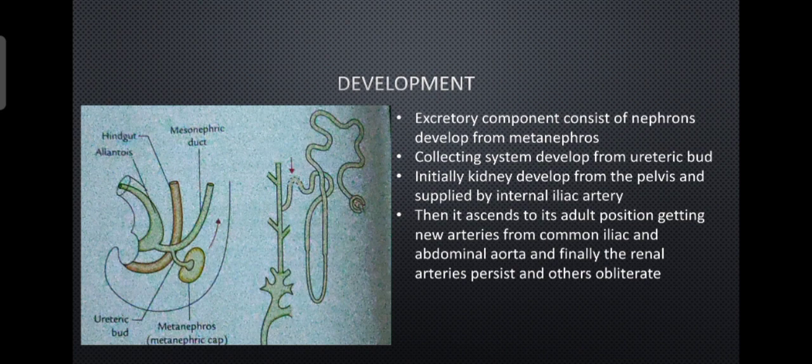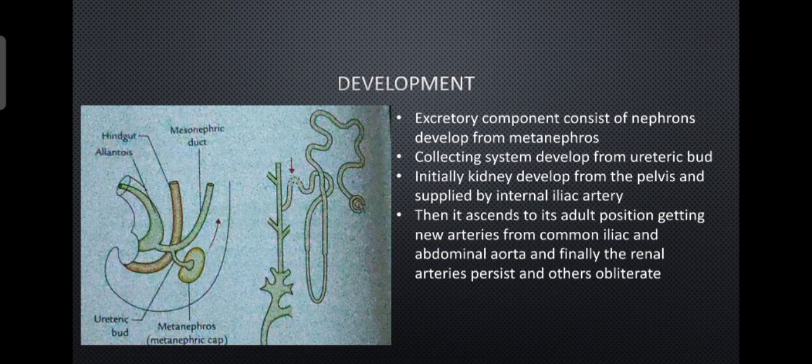While this process is going on, it should receive its blood supply. First, it gets its blood supply from the internal iliac artery. First the internal iliac artery supplies the renal arteries. Then, as the ascent of the kidney takes place, it goes along the course of the aorta, that is, branches of the aorta: from the internal iliac artery to the common iliac artery, and then from the common iliac artery to the abdominal aorta, then from the abdominal aorta to the renal artery of the adult.